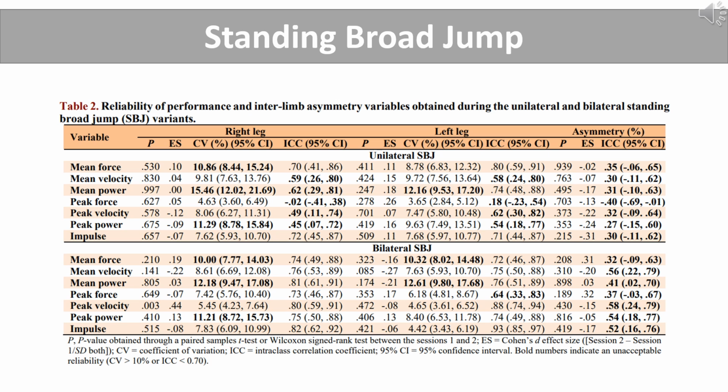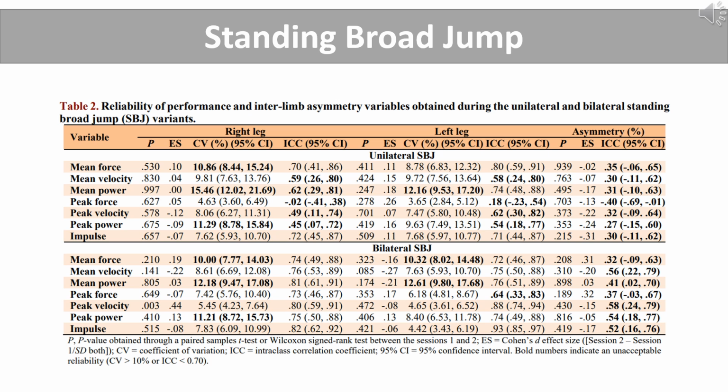So what the authors have done here is they have highlighted coefficient of variation values in this column and in this column for any metric where values are greater than 10%, which might showcase that there's potentially a little bit too much inconsistency in the data.